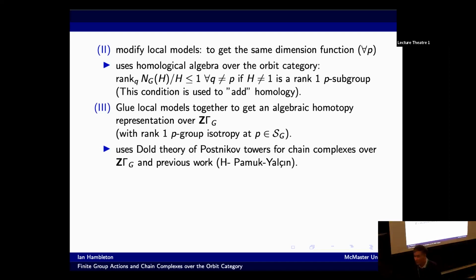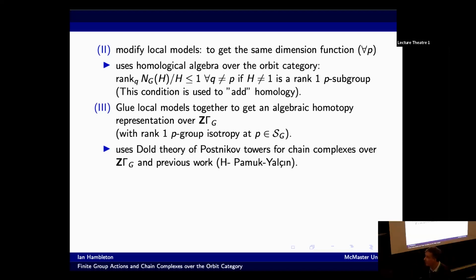So you start in the same way as you do with a Postnikov thing. You start in dimension 0 and you feed something in and take a fiber and add something in dimension 1 and so on. It's a beautiful paper from the 70s, I guess, probably even early 70s.